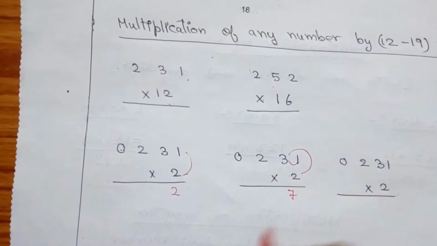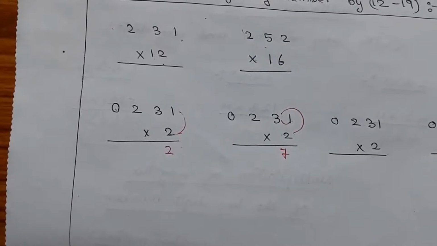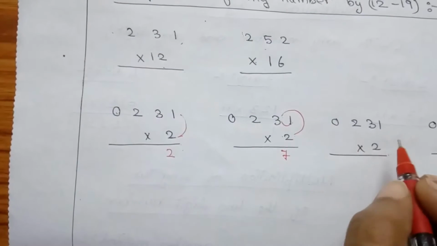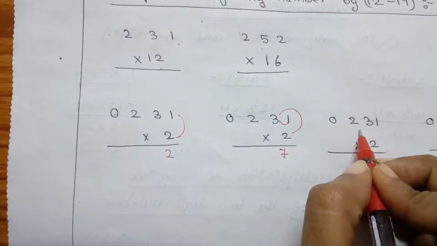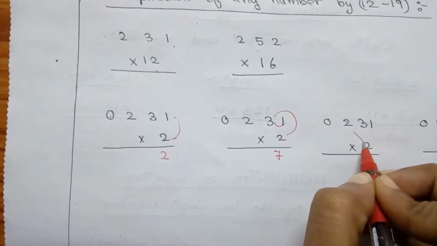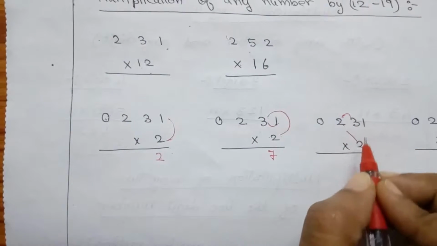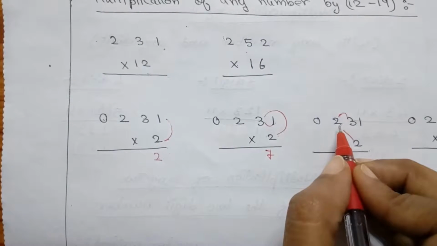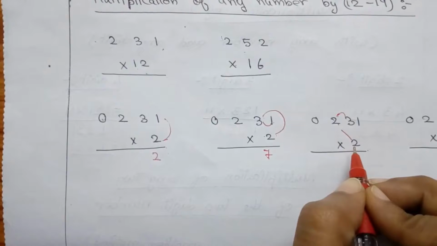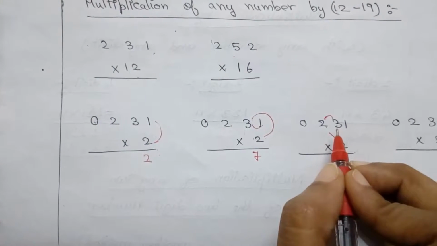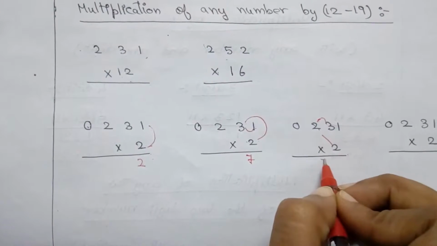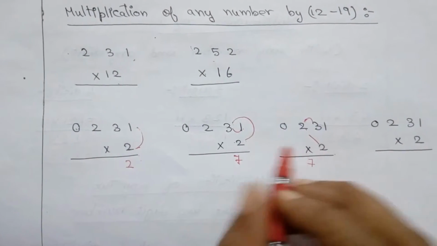Let's move on to the third step. Here you will multiply 2 into 2 and add the previous number. 2 into 2 gives 4, and adding 3 you will get 7 again. Your answer will be 7.